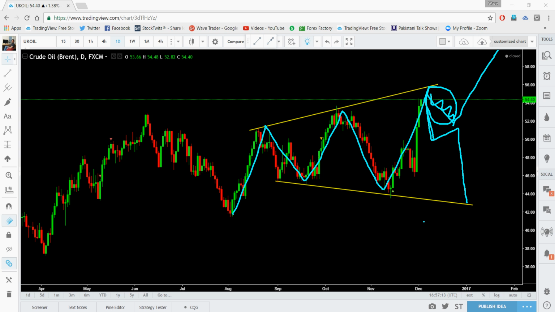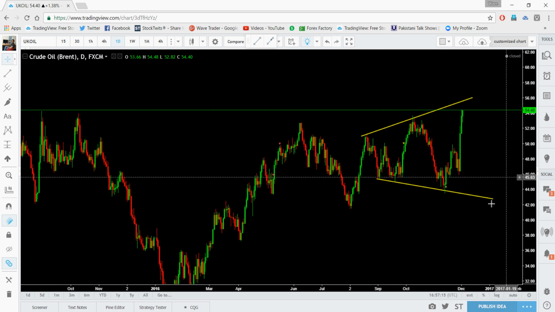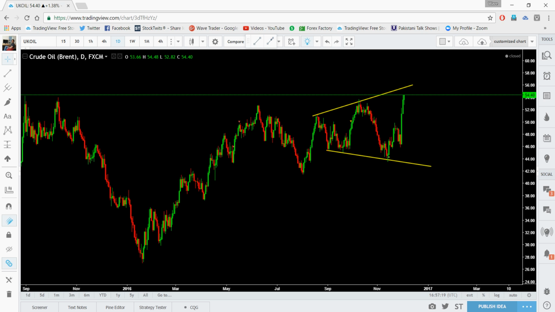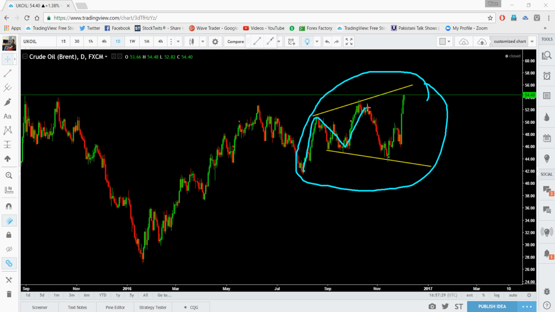Those who are MACD traders, those who trade based on MACD, haven't got the idea what pattern this is, what kind of formation it is forming, and where it will go.